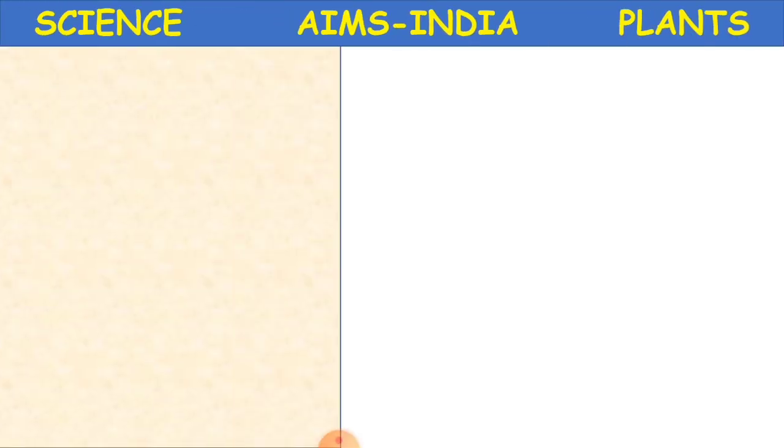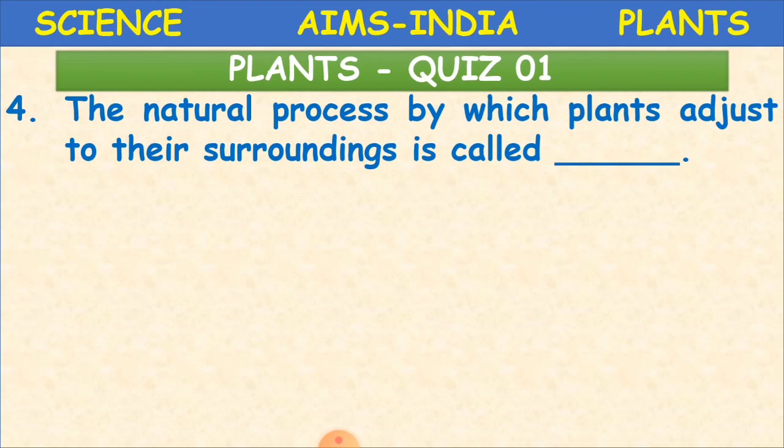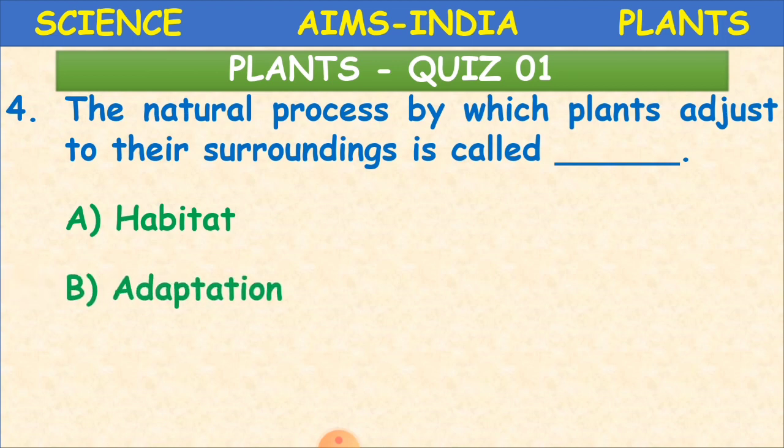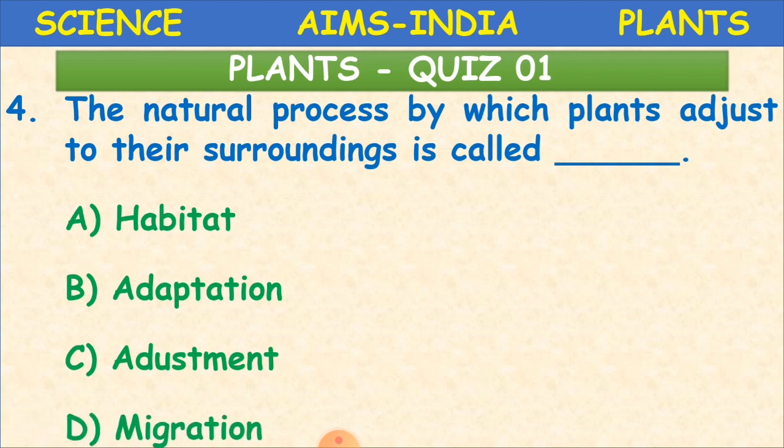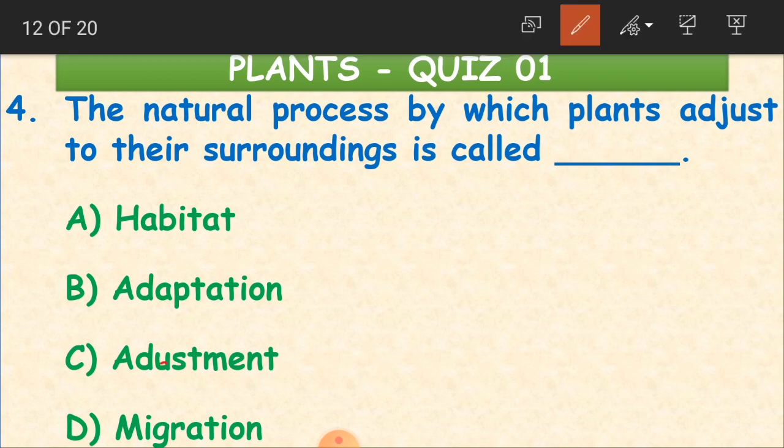Now, the fourth one. The natural process by which plants adjust to their surroundings is called. A option is habitat, B option is adaptation, C is adjustment, D is migration. Which option is correct, children?